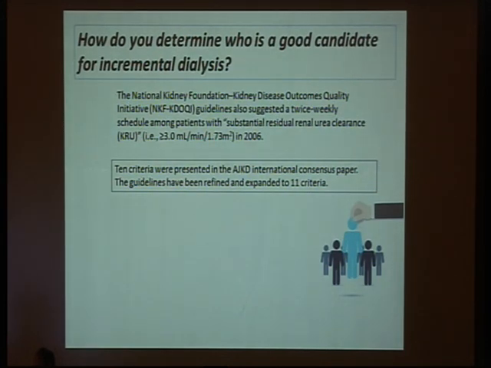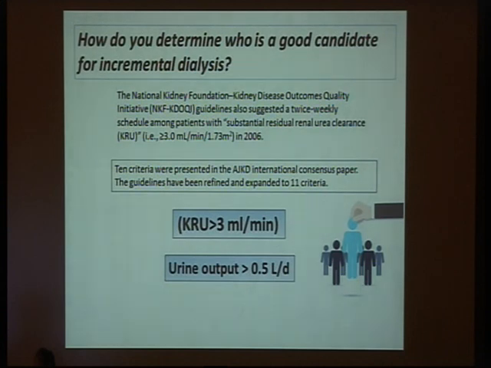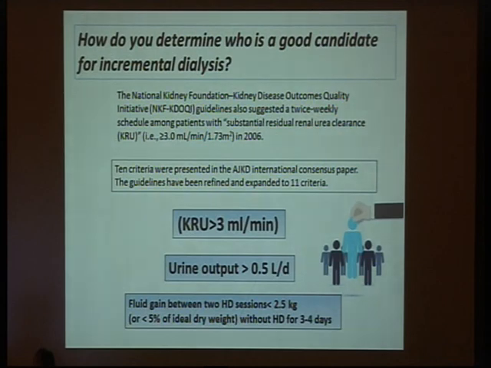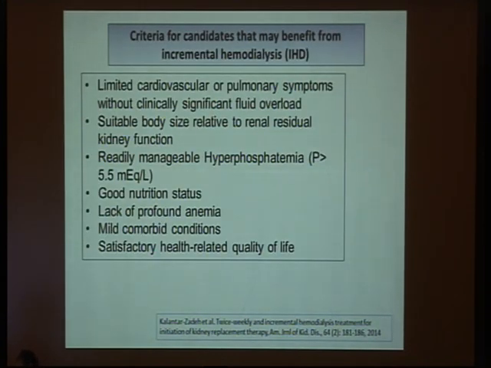The criteria were later expanded to include 11 criteria, but the main ones include residual renal clearance more than 3 milliliters per minute, urine output more than half a liter per day, and fluid gain between the two hemodialysis sessions less than 2.5 kilograms. Other criteria included limited cardiovascular and pulmonary morbidity, suitable body size, good nutritional status, lack of profound anemia, and satisfactory health-related quality of life.